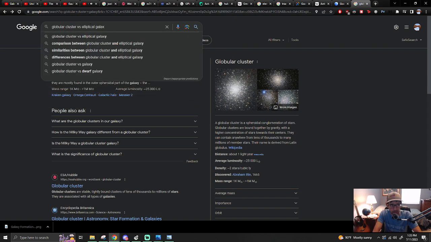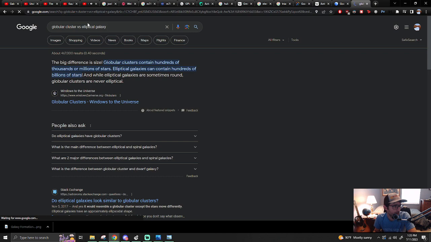Elliptical galaxies probably still have like a nucleus. Globular clusters are never elliptical.